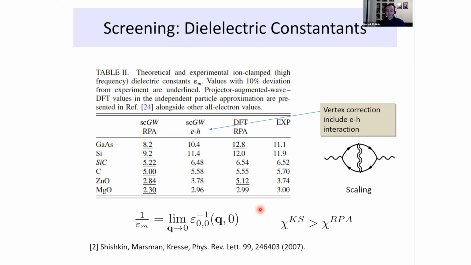So meaning that the Kohn-Sham polarizability is larger than the screening of the GW one using these quasi-particle energies, which in turn means that the macroscopic dielectric constant is larger for the Kohn-Sham method than for the GW method. However, if you include vertex corrections you have really good agreement with the experiment, and that proves that you have to include more diagrams in the expansion.